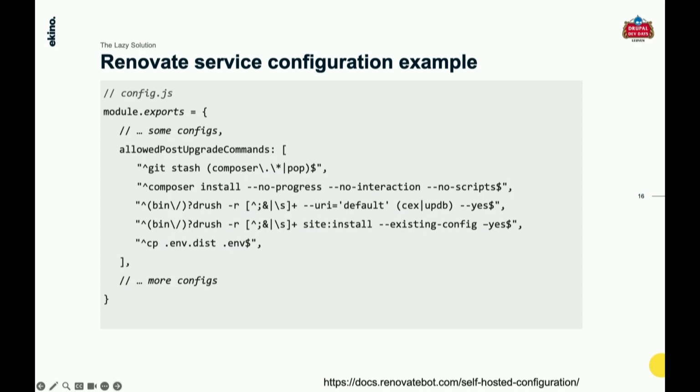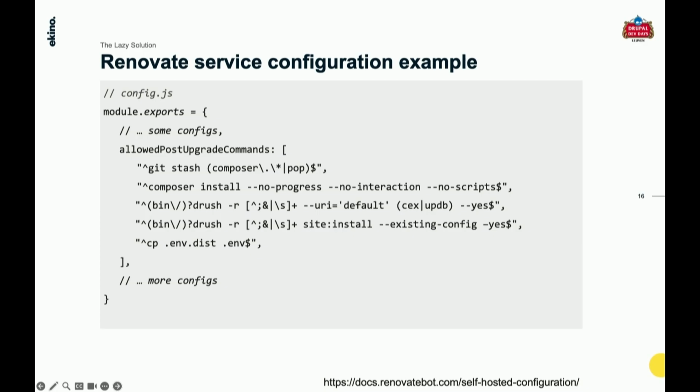And we want to focus on only one configuration from this part, which is allowedPostUpgradeCommands. This is basically a regular expression list. There you can declare all the possible commands you want to trigger in your pipeline.